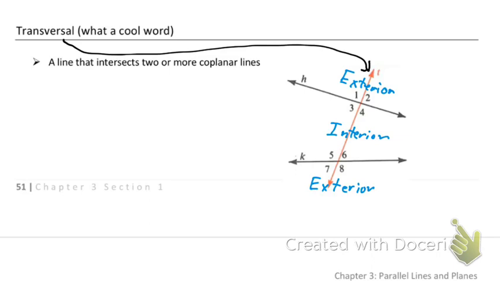Once again, between is your interior. Away is your exterior because you can turn this. Something that's left and right becomes your interior and exterior. So if I asked you for your exterior angles, your exterior consists of angles 1, 2, 7, and 8.